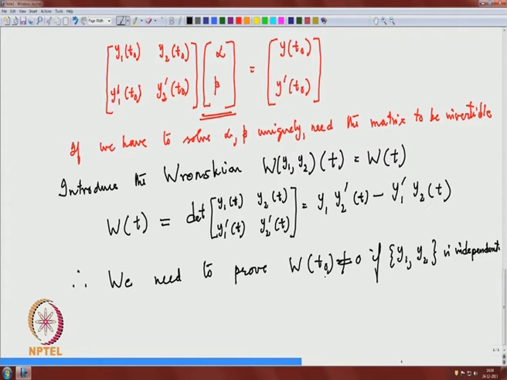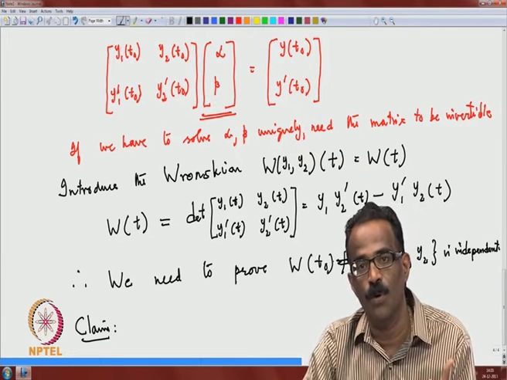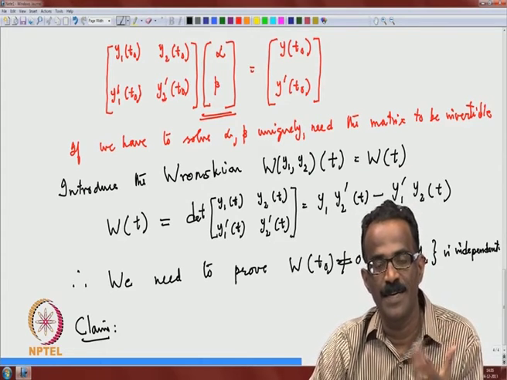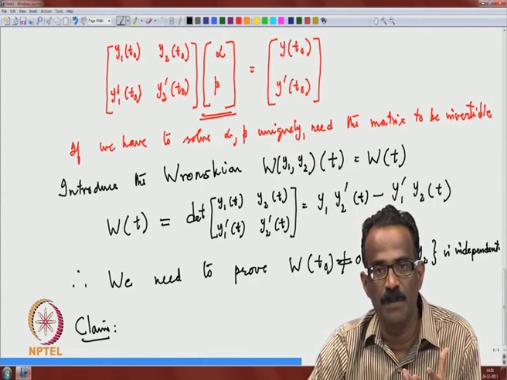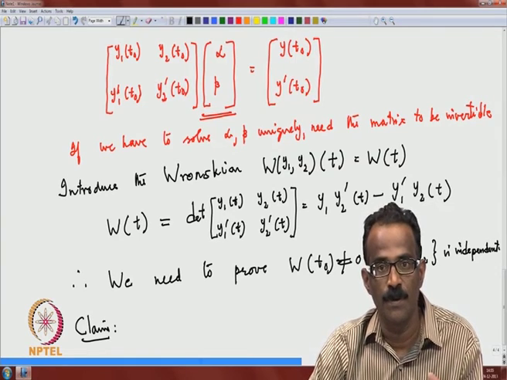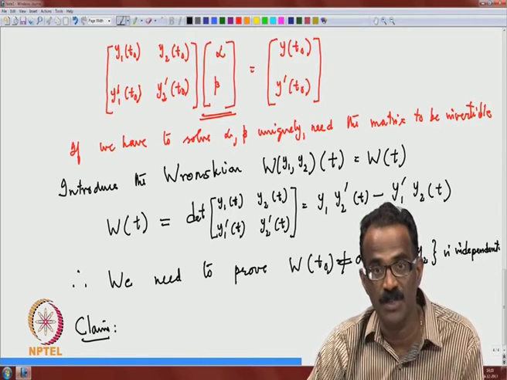But the interesting fact, our claim, which we are going to prove soon, is that if y1 and y2 are independent, not only is W at t naught not equal to 0, W(t) itself is not equal to 0 for every t. In other words, W(t) is either identically 0 or never 0.